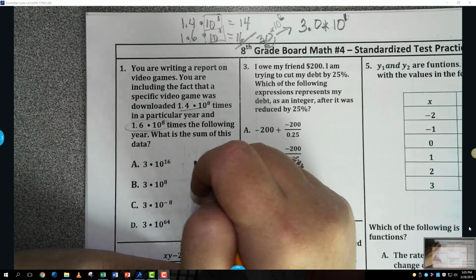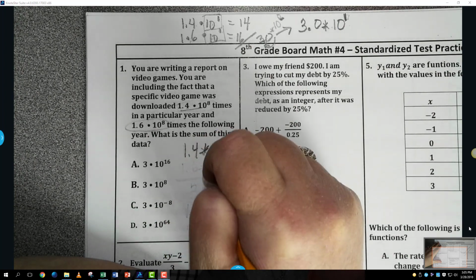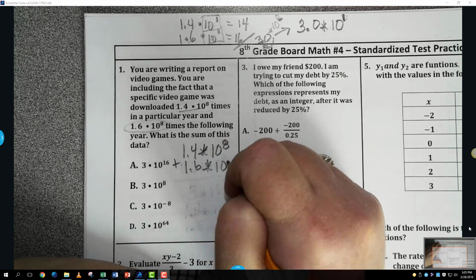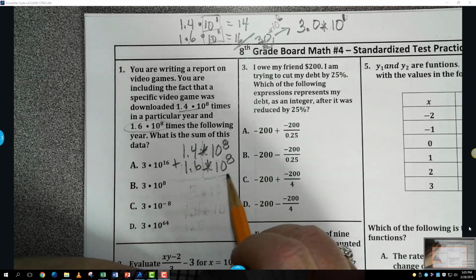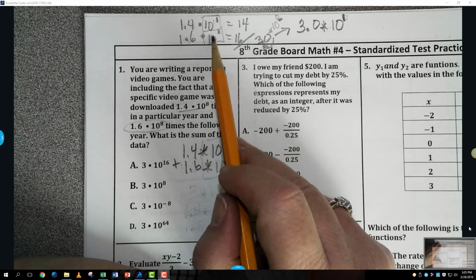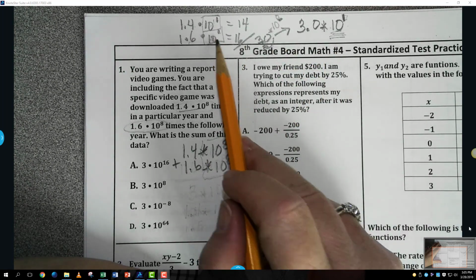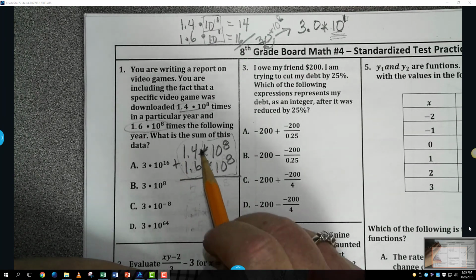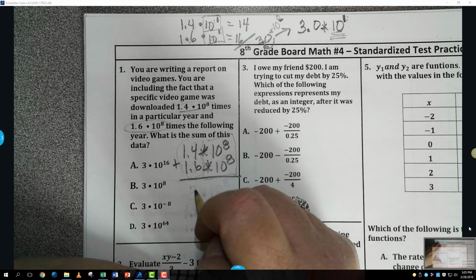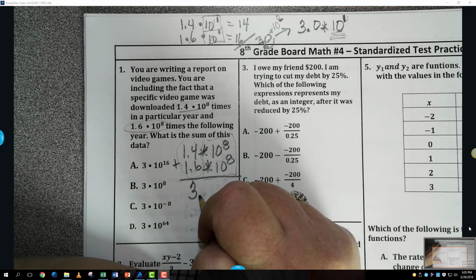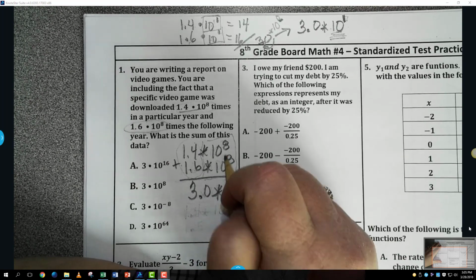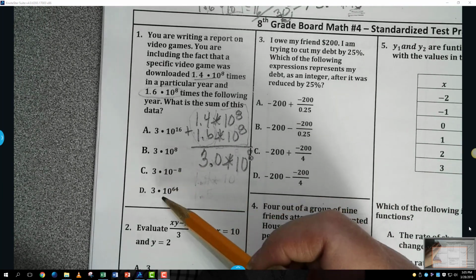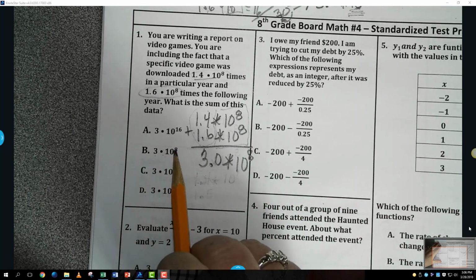So if I have 1.4 times 10 to the 8th, and I'm adding that to 1.6 times 10 to the 8th, this part can stay the same, just like this part stayed the same, okay? And all I need to do is add this part. So 1.4 plus 1.6 is 3.0 times 10 to the 8th. Well, they don't have the 0 part, but they do have 3 times 10 to the 8th.